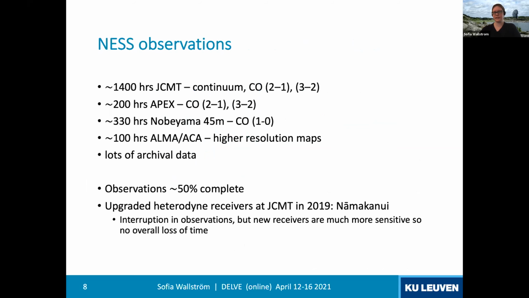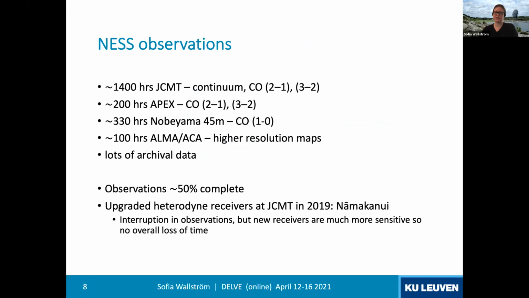So the observations for NESS include many, many hours of JCMT time, as well as APEX, the Nobeyama 45 meter, and some ALMA time. And we are, of course, using archival data where it's available and reasonable to do so. Overall, our observations are about 50% complete.